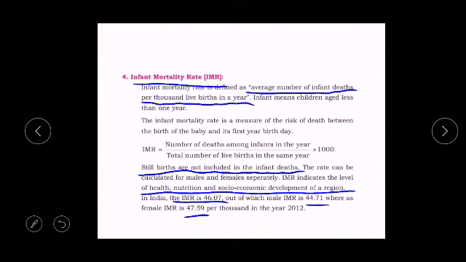That means out of 1,000 male live births, 44.71 male children are dying, and out of total female live births, 47.59 females are dying within 1 year, as per the 2012 records. So this is the infant mortality rate.